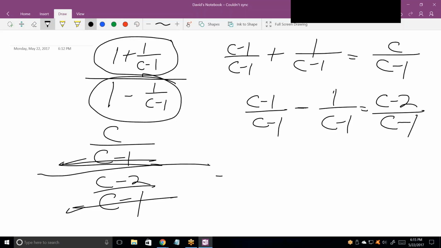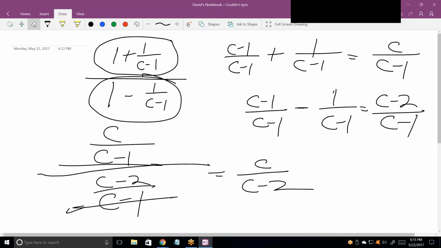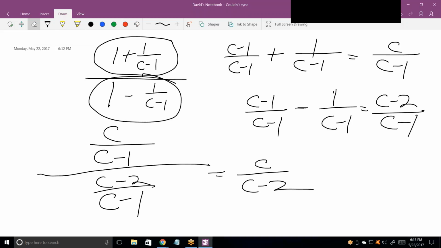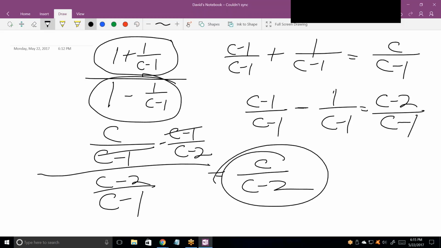And I end up with c over c minus 2, which is the same thing that happens if I flip and multiply. In other words, if I multiply this thing by c minus 1 over c minus 2, those cancel, and I end up with that. Right. So it's a bit of a shortcut to do it the way I did it the first time.